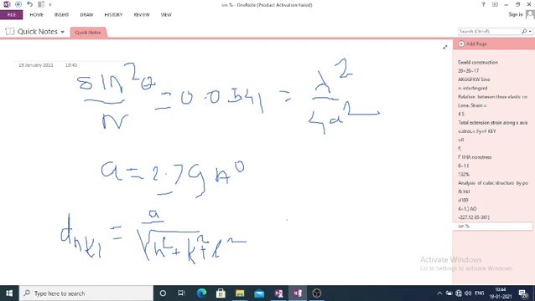If we use the 100, d100, we got a is equal to 2.79 angstrom divided by h is 1, k is 0, l is 0. So h is 1.